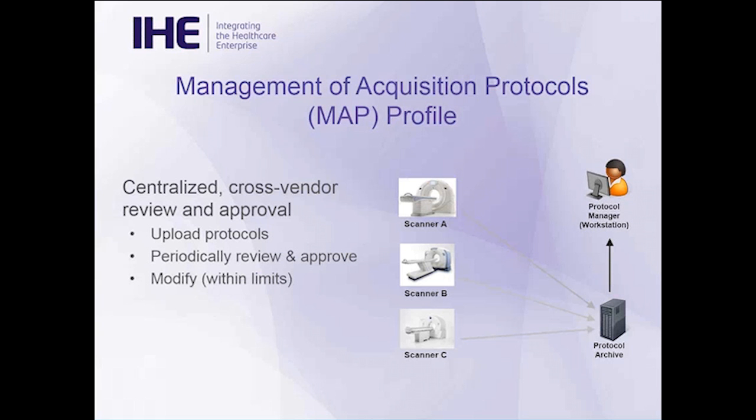There may be things relating to the scanner's capabilities, limits that need to be put on those changes. There may be cases where modifying one parameter has a roll-on effect and other parameters need to be updated in sync. Since that sort of logic is only available on the scanner, for those more technical details you'll need to take notes and do those edits on the scanner. But some of the basic organizational edits can be done on the protocol manager workstation.